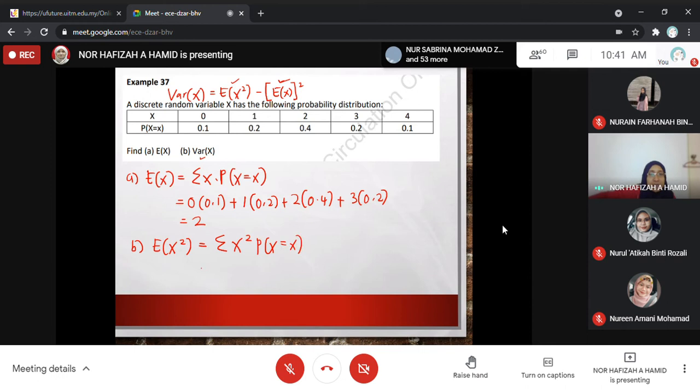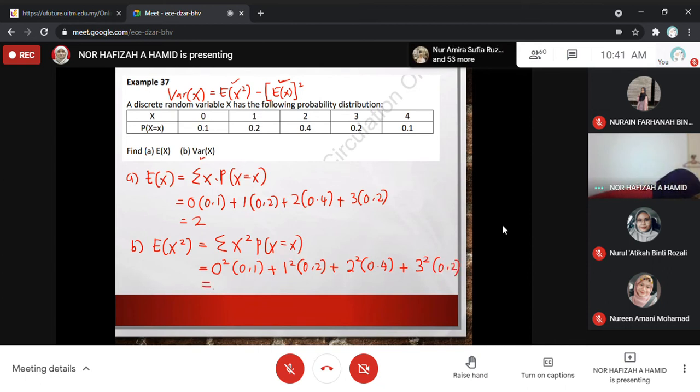So all the x you need to square. 0 square times 0.1, the probability does not change, you only change the x. So 1 square times 0.2, plus 2 square times 0.4, plus 3 square times 0.2. Then you calculate and you will get Ex square is equal to 5.2.